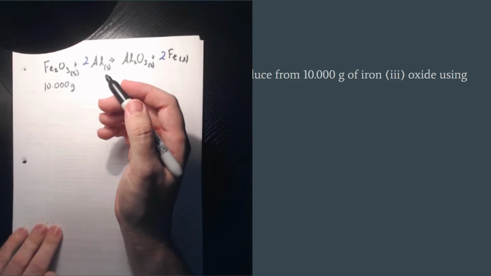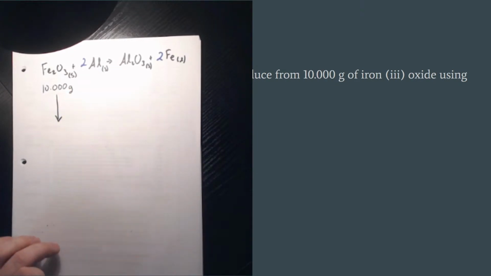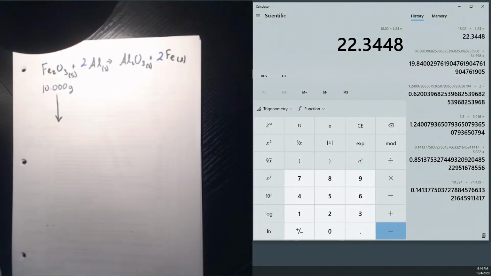So, first we convert to moles. The molar mass of rust, let me bring up the calculator, 55.845 times 2 plus 15.999 times 3.